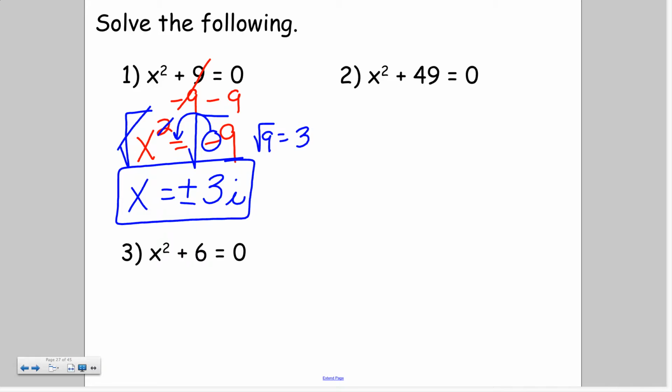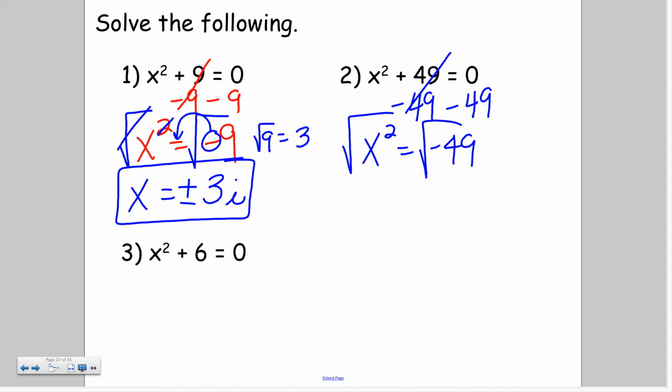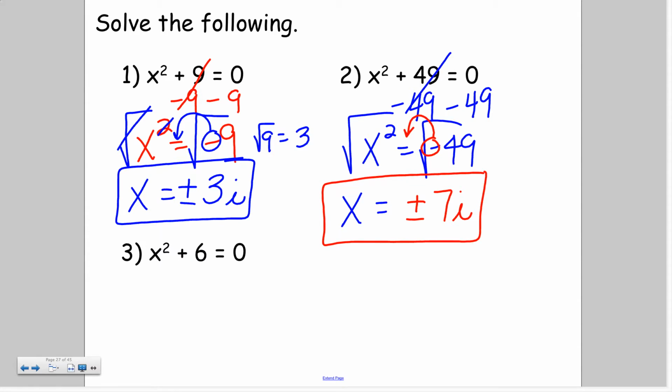Number 2, I'm going to subtract 49. We'll take the square root. I automatically know I'm going to have a positive and a negative. The negative comes out, becomes i, and the square root of 49 is 7i. Next, subtract 6.